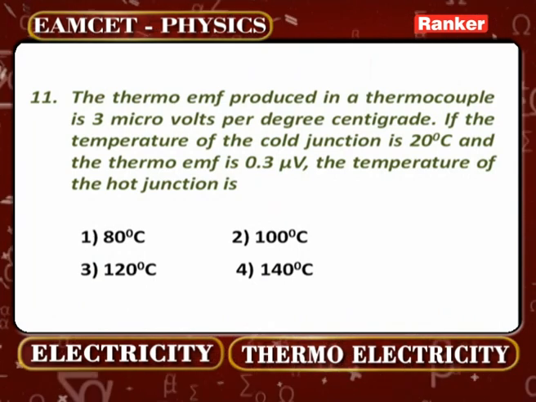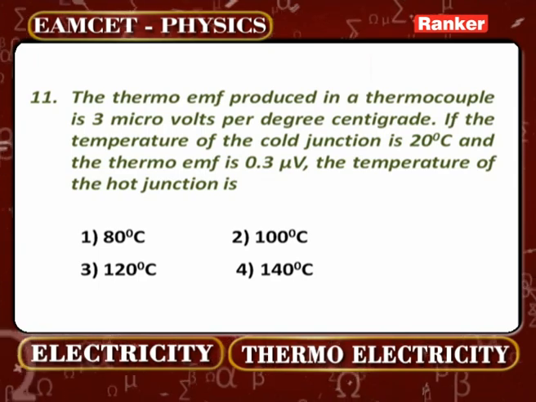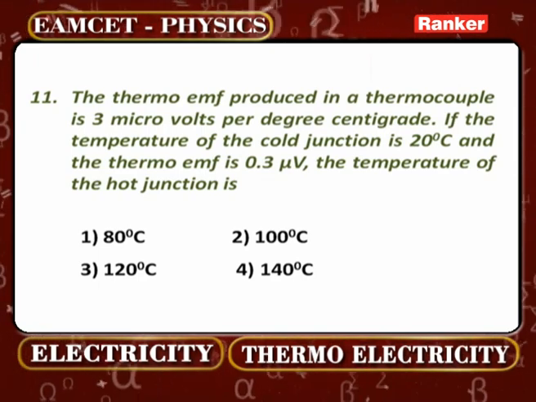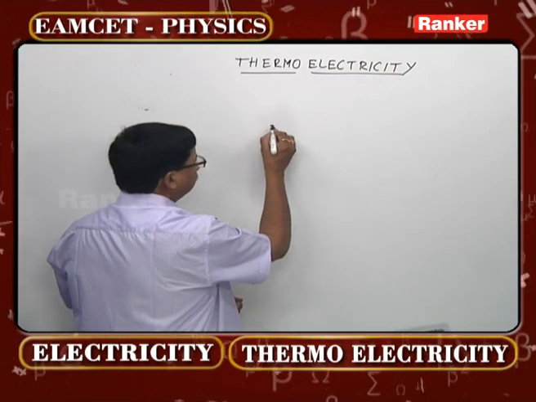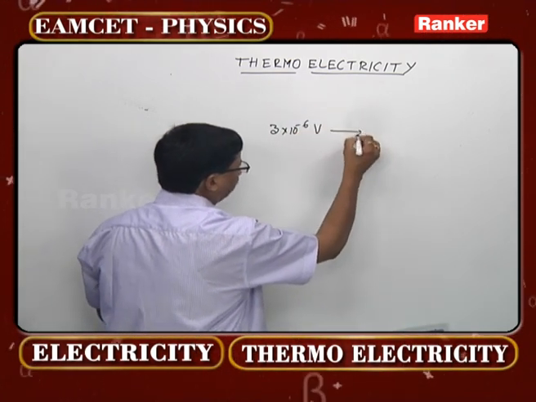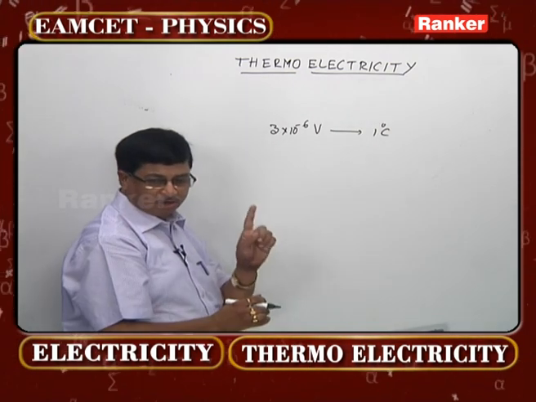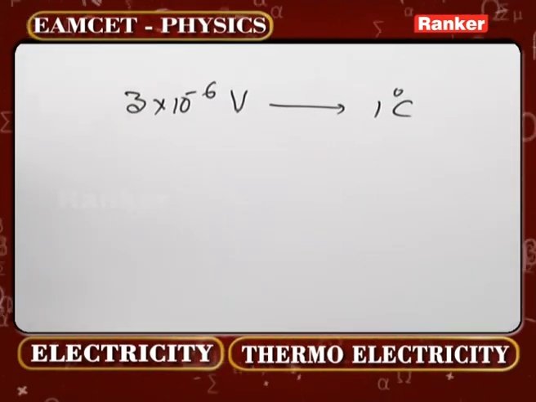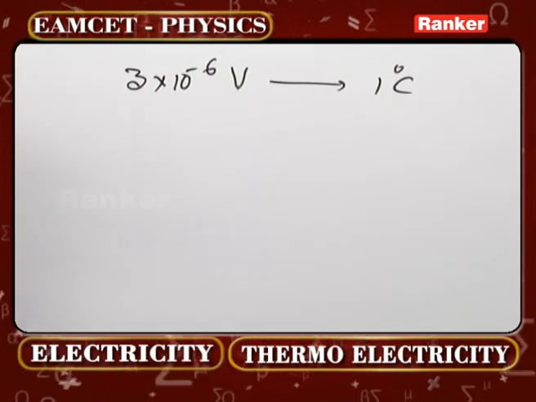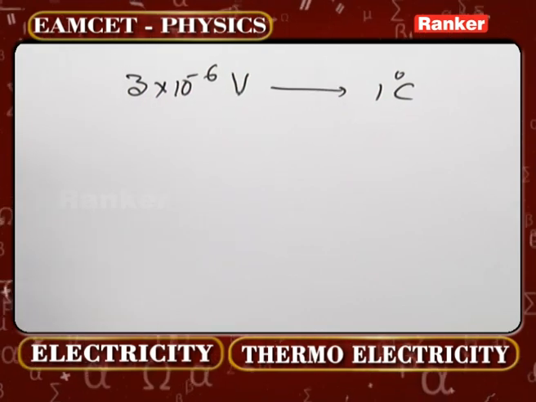Okay, let us see what exactly the concept is. Now, what are the values he is giving us? The first one, 3 microvolt per degree centigrade. That means 3 into 10 to the power minus 6 volt. When this is the case, what is the temperature difference across the system? 1 degree centigrade. Fine. Now, what is the next value? 0.3 millivolt, that is 0.3 into 10 to the power minus 3 volt. The temperature of the hot junction will be how much?